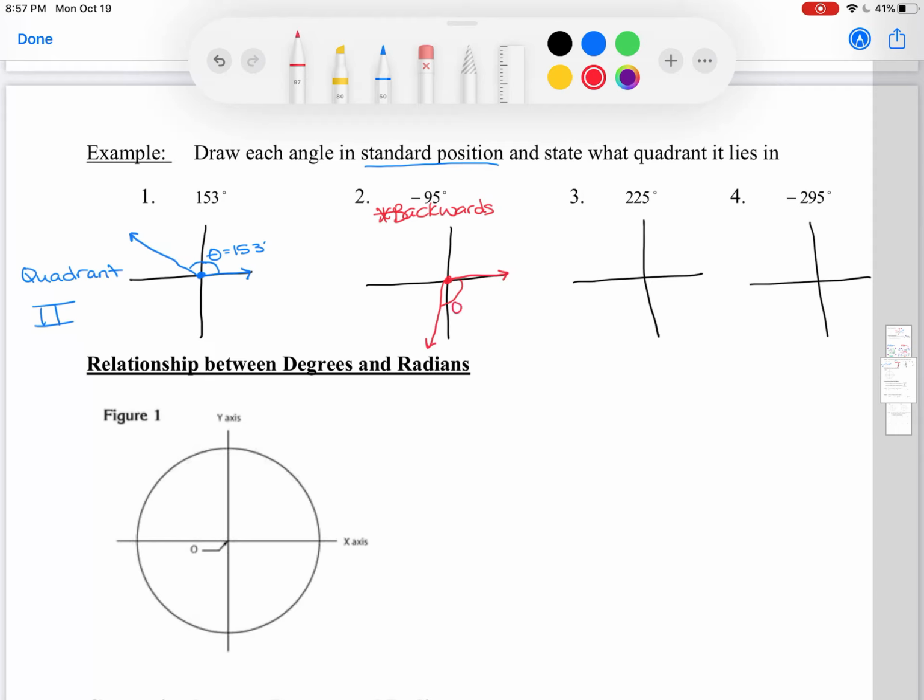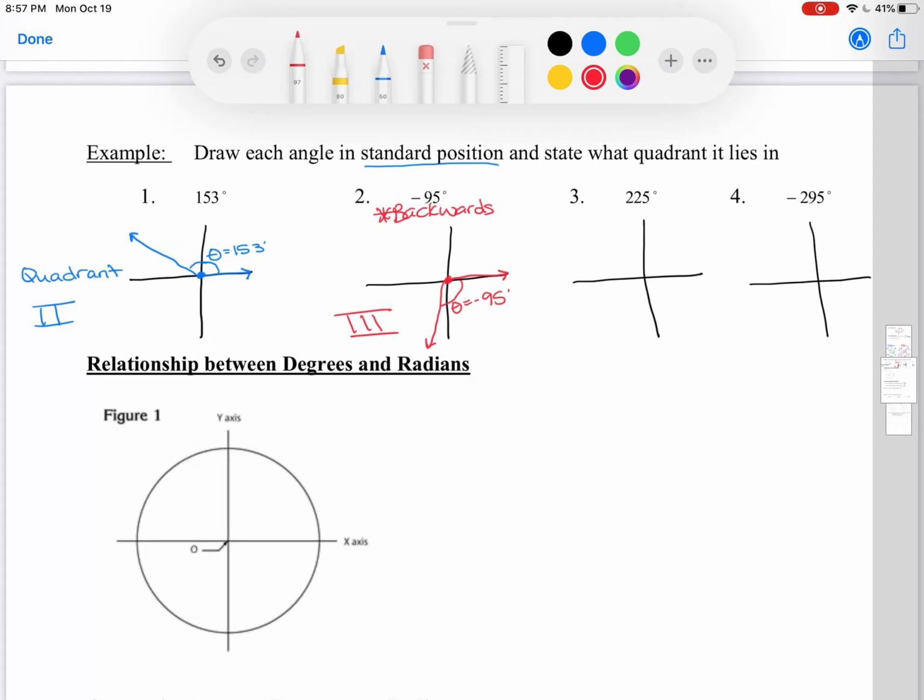And it's a little bit past 90 degrees, so I get to pass that y-axis there, and it's going to open up here. And again, if I label my theta, I have negative 95 degrees. Now, just because it was negative doesn't mean it's going to change the quadrant that it ended up lying in.